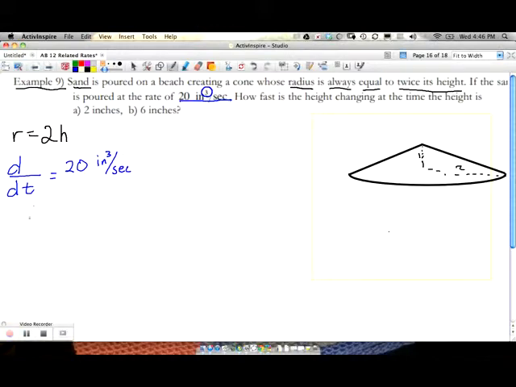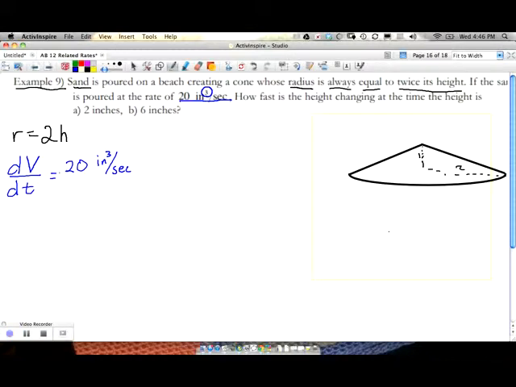Remember, if it was squared, that would be area, and if it was just one dimension like length or width or radius or height, that'd be first power. But this is triple dimension, cubed. That means this is volume. dV dt is what we're going to write in there. Okay, so dV dt equals 20 inches cubed per second.